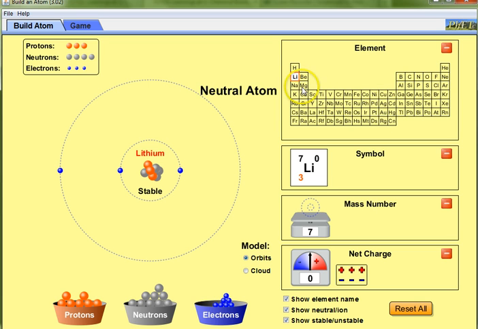And as you go down the periodic table on this side, the difference in the number of protons and neutrons increases. I don't know. Sodium, I think sodium has 23, right? Sodium is 23. So after lithium, sodium would be the next element to have more neutrons for stability. Okay.